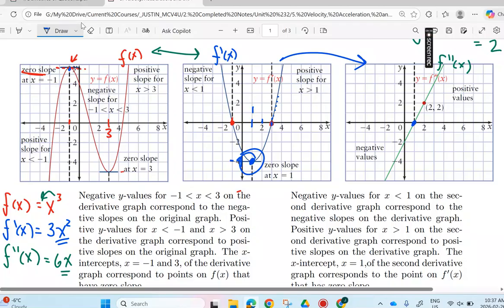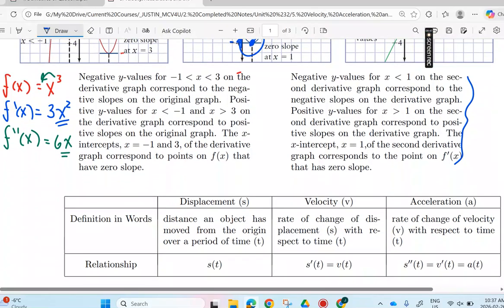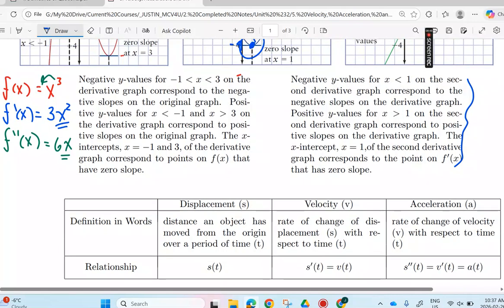Okay? Now, to apply this to real life, you can read this blurb on your own, but it pretty much summarizes what I just said. To apply this to real life or application questions, how does this all connect? Well, the first graph represents displacement, which is the distance an object has moved from the origin.